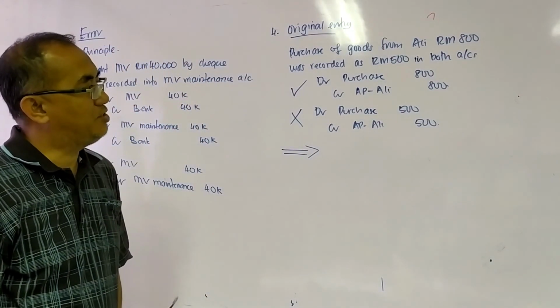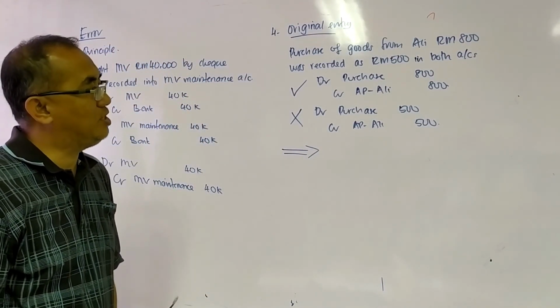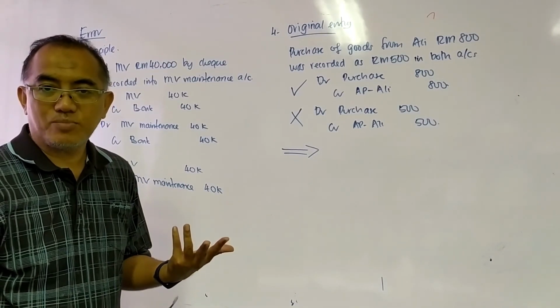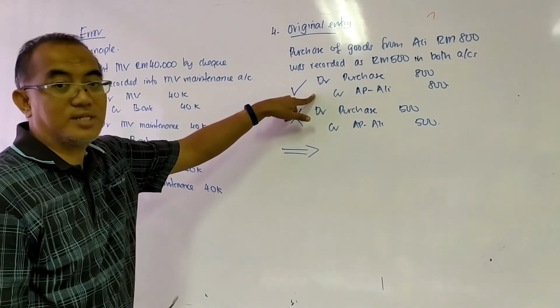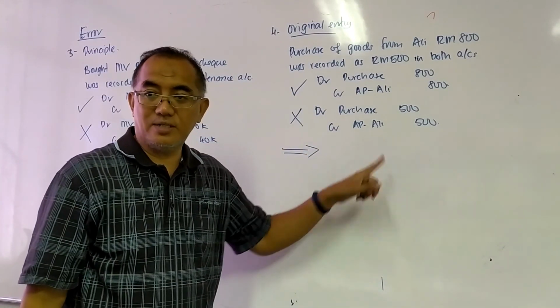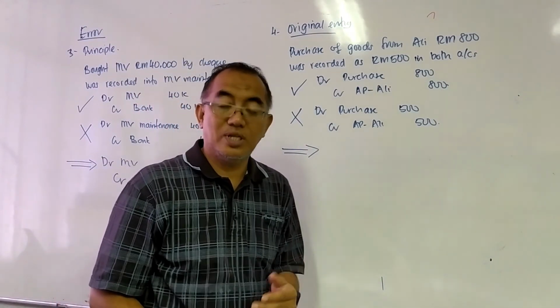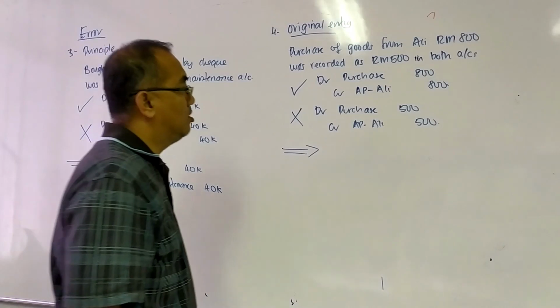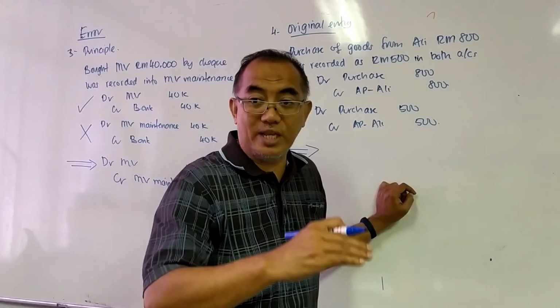So for the correction, we need to decide whether to reduce or increase purchase. The correct one is 800, and you have recorded 500, so you need to increase by 300. Purchase is always debit, right?